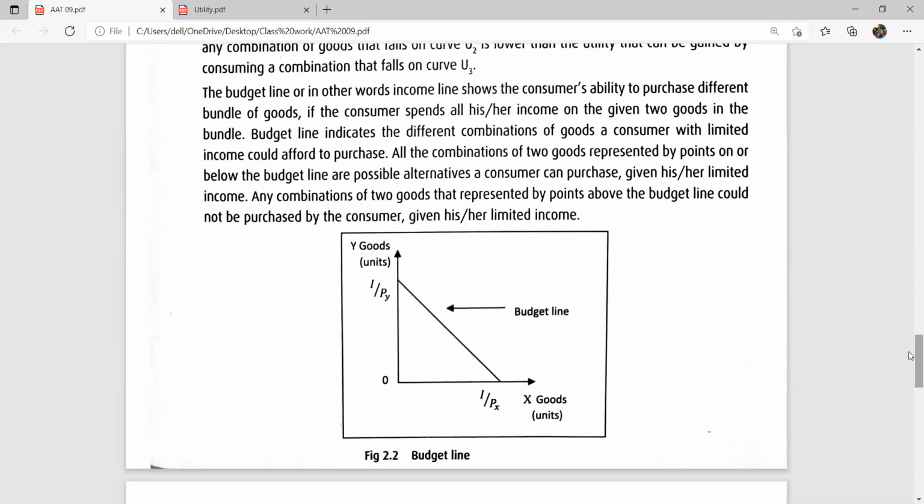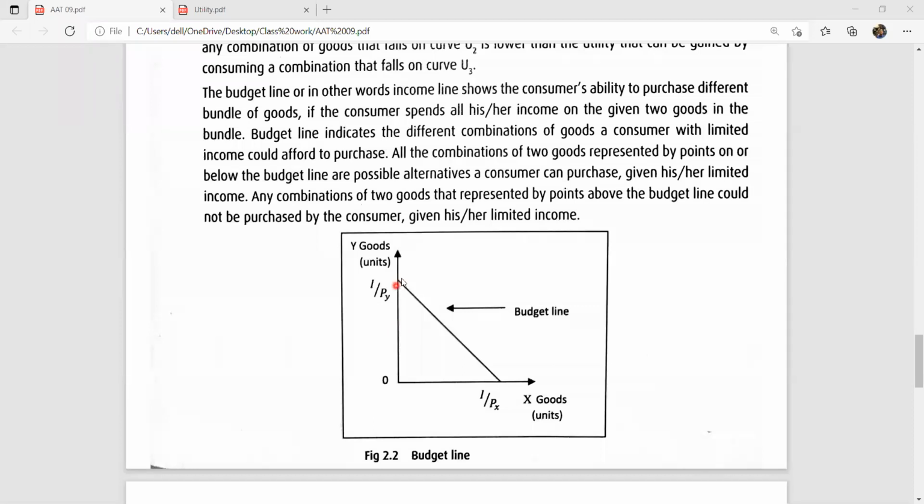As I told you, for the dessert, what you purchase. So you have a specific income or amount you can spend. If you are going to buy only apple, the number of units can be illustrated by using these axes. Here they represent the number of units based on the price.